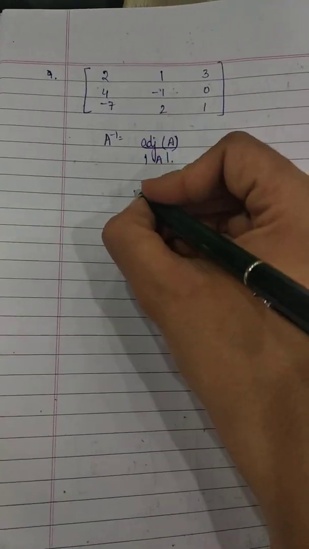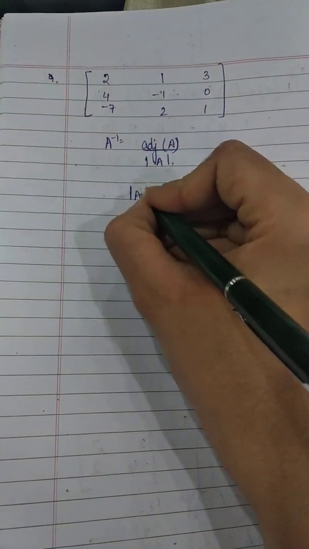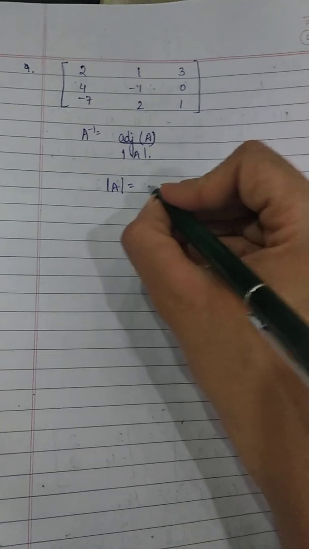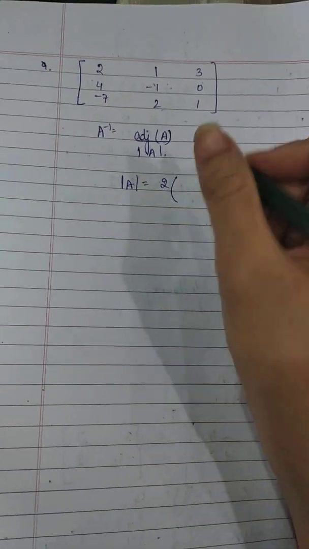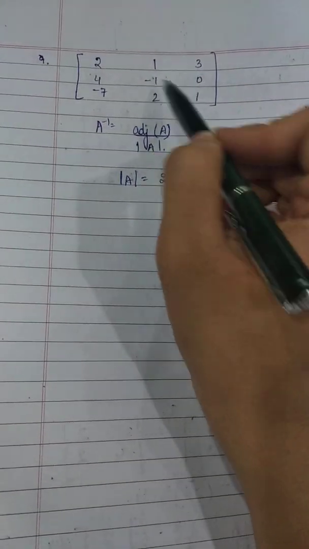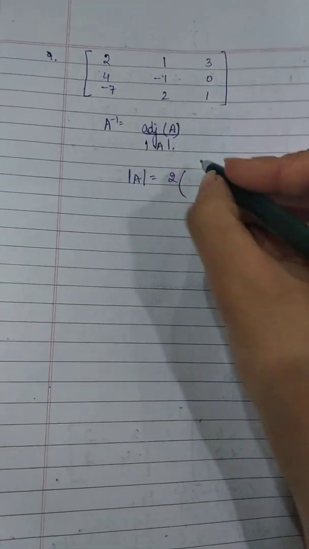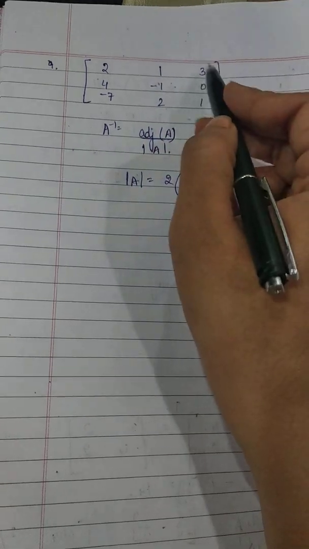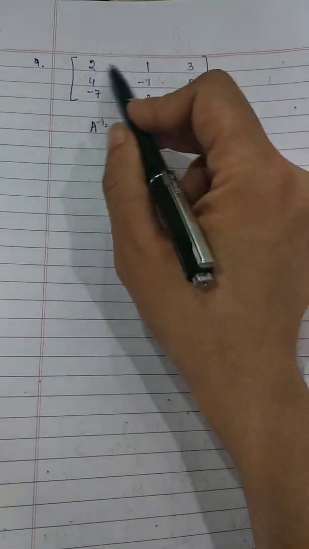So simply, first of all, we are going to find out the determinant. Let us expand along R1. So the determinant value is 2. Eliminate this, we get minus 1, minus 0, which is minus 1. Minus 1 again, because that's the positional value of 1.